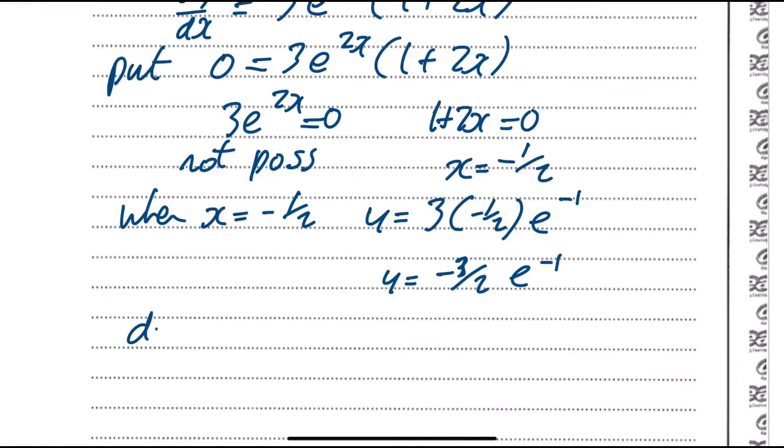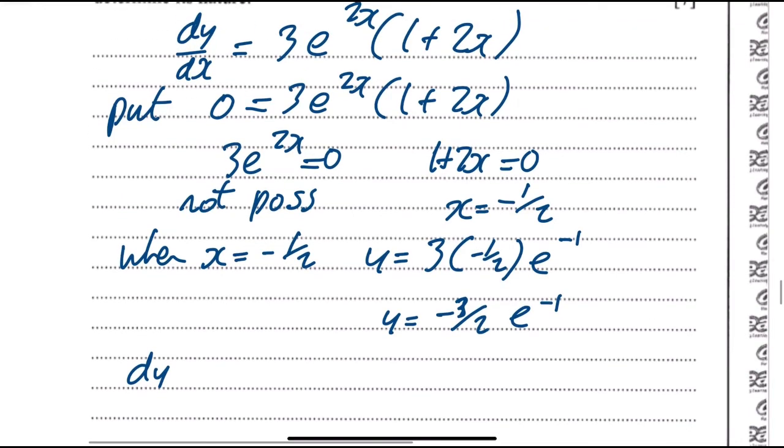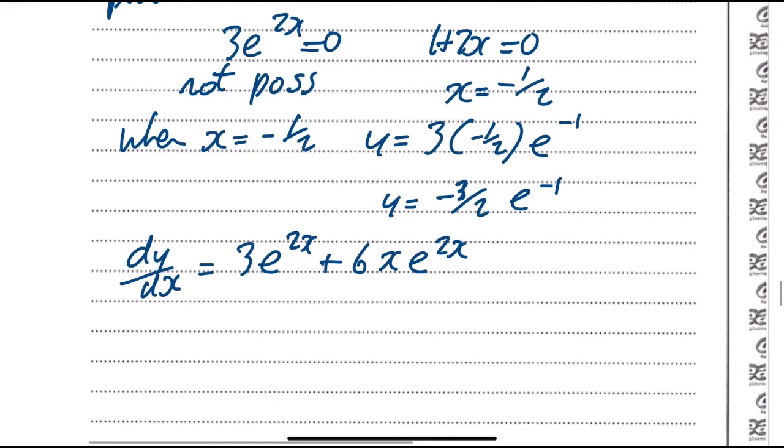Okay, let's change my dy by dx a wee bit. Just awkward to differentiate in that form. Well, some of you might prefer it, but I would just multiply it out. You're going to have 3e to the 2x plus 6x e to the 2x. And now we can differentiate this. Why we're differentiating this is to find the nature of the turning points.